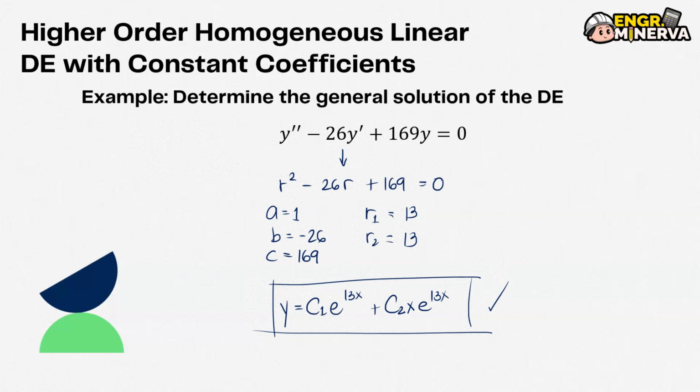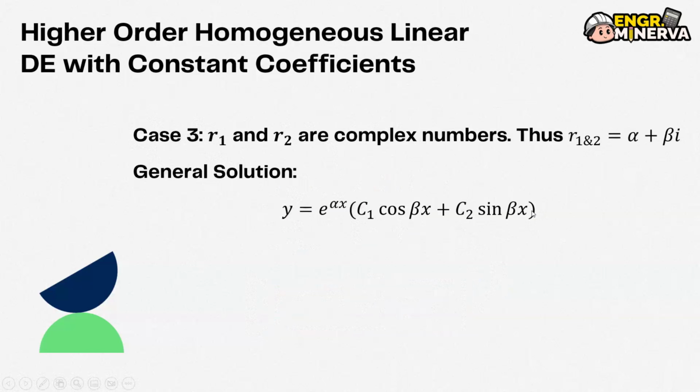Next. The next case is case number 3. What if the two roots are complex or imaginary? It means there is a real part. Your alpha represents the real part of the root, and your beta represents the imaginary part.